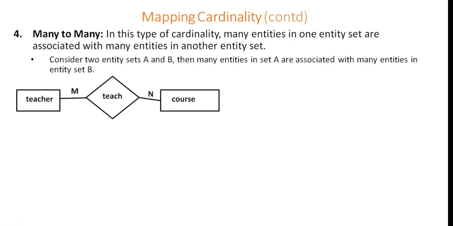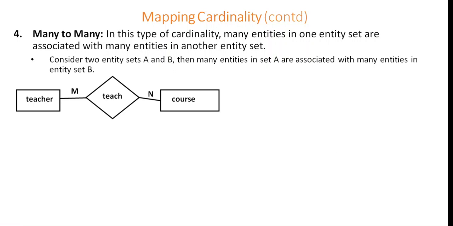Teacher entity is there and course entity is there. Okay, so many teachers teach many courses, and many courses are taught by many teachers. See, one teacher can teach more than one course, and one course can be taught by more than one teacher. Okay, so this is how many to many relationship can be represented.